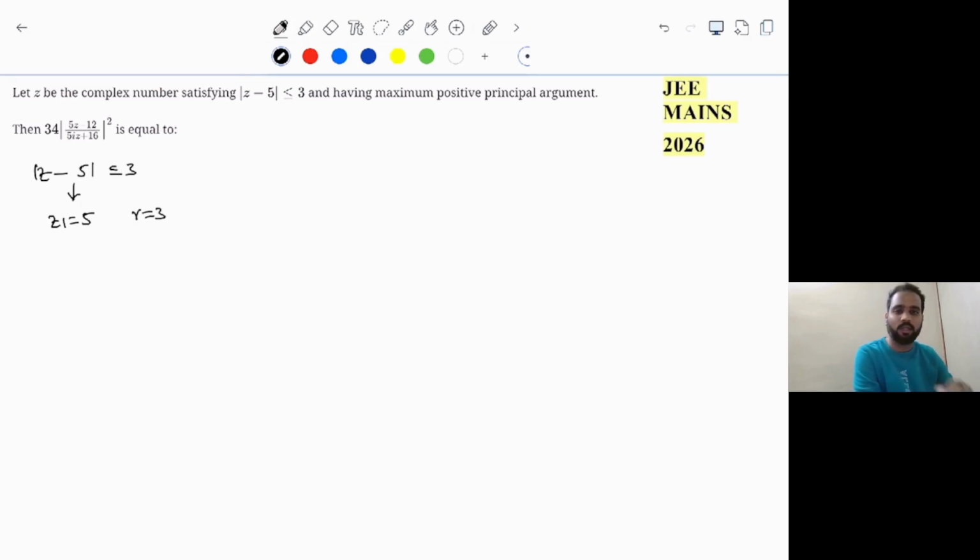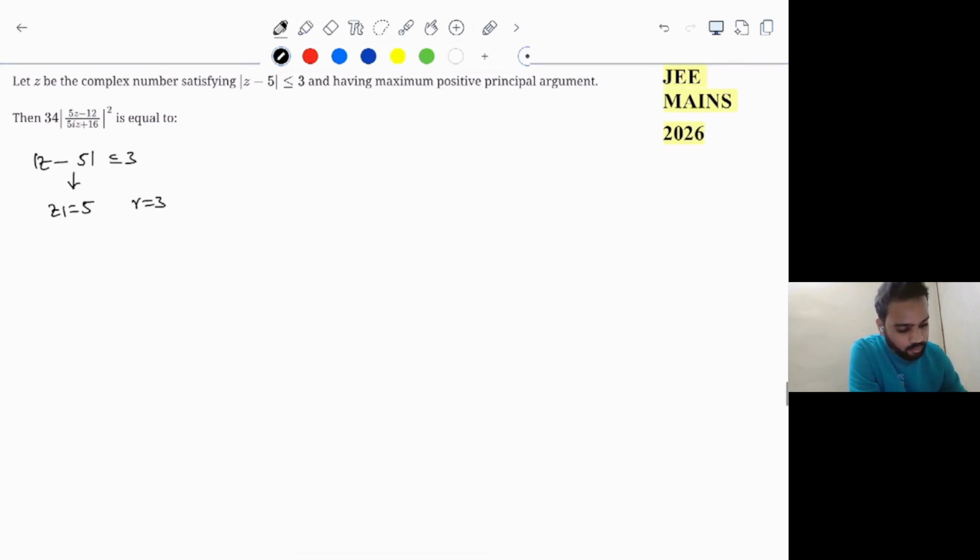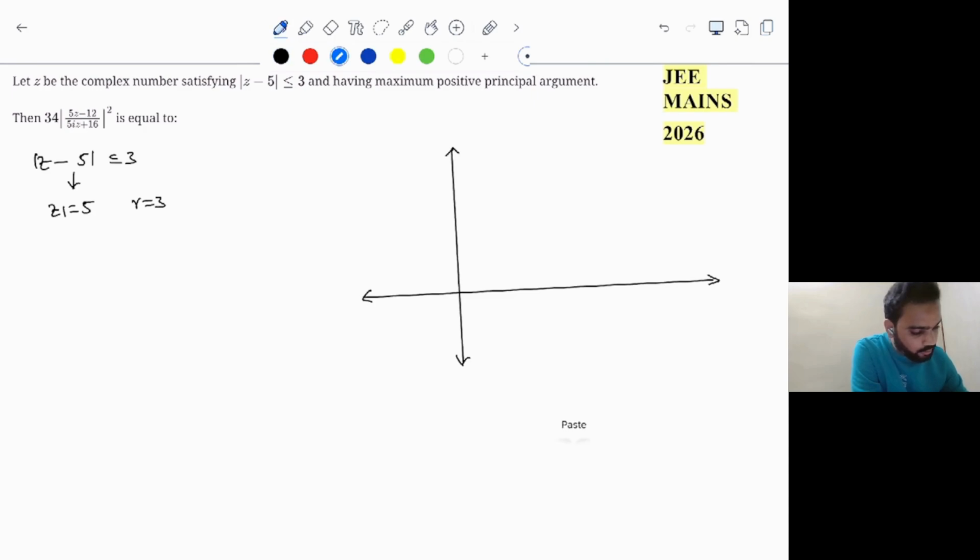So which means it is representing the interior part and on the circle whose center is 5 and radius is equals to 3. So we'll take the diagram because it's a pure geometrical application question. So let us try to draw the diagram, right? So center is 5 comma 0, and this is the real axis and imaginary axis.